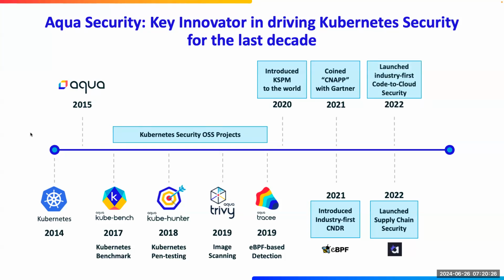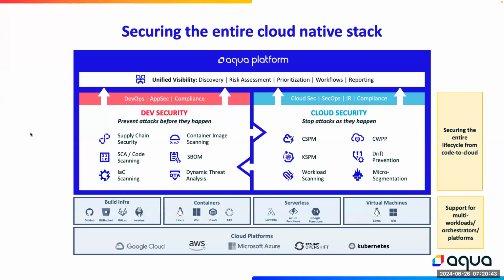And then finally, we brought that all together, like I was saying before, from the actual development into runtime. We call that our code to cloud security, and we're excited to talk about what we're going to do next with that as well. Before we go into what's next, this is a quick picture of what the Aqua stack looks like.